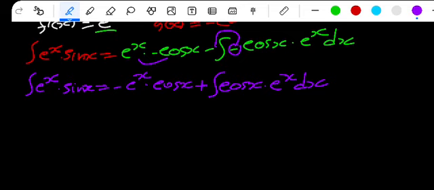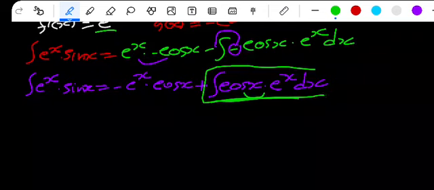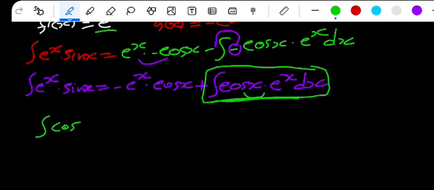So we're supposed to integrate this, but as you can see, these are products. We're supposed to use integration by parts again, for this portion. Okay, I will just rewrite this portion here at the bottom. We have to integrate cos x multiplied by e^x like that.